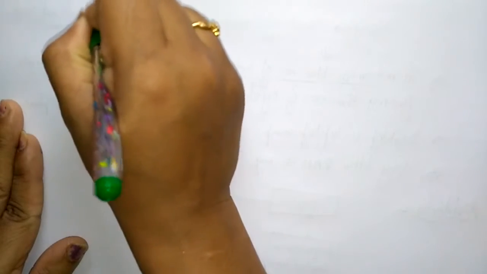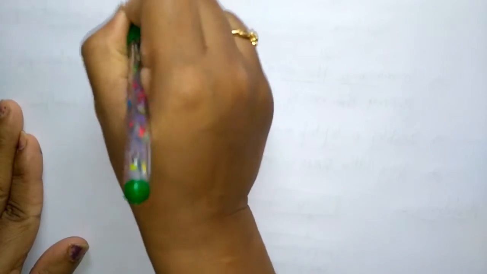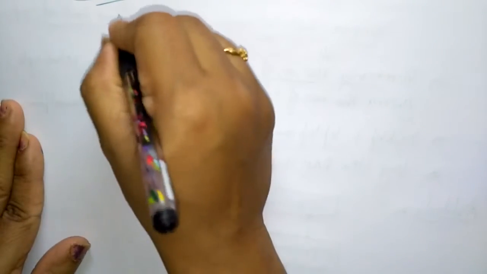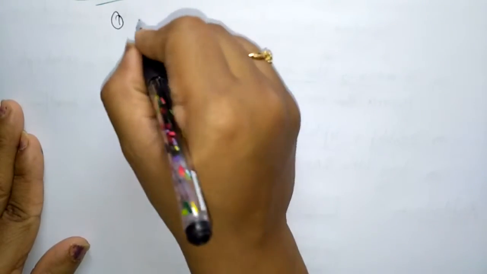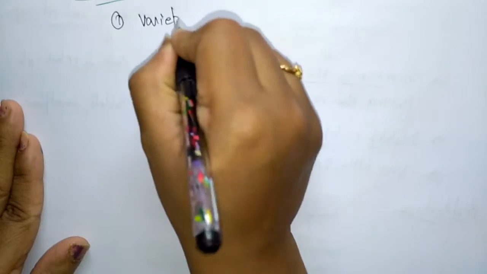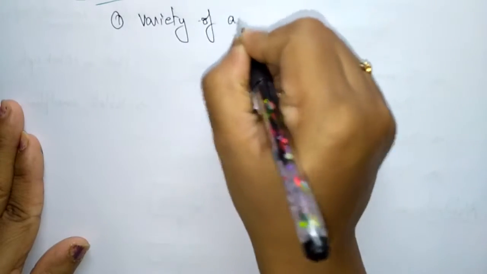Now let us see what characteristics are present in the CISC processor. The first characteristic is that a variety of addressing modes will be used in the CISC processor.